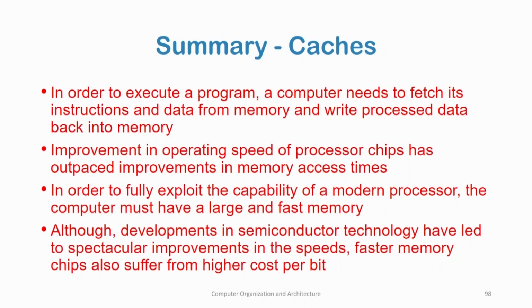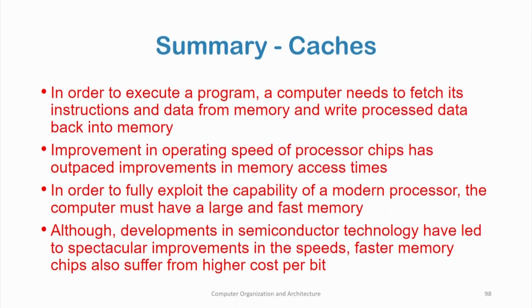Improvement in operating speed of processor chips has outpaced improvements in memory access times. Therefore, for each instruction we need memory. The first problem is that the speed at which the processor can execute instructions is much faster than the speed at which memory can be accessed.